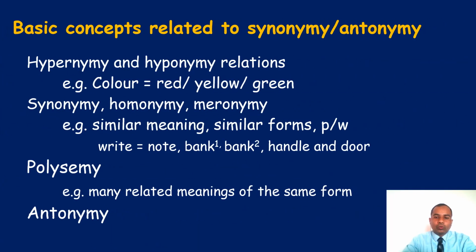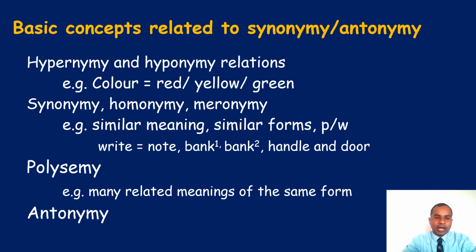So now we have to turn to some basic concepts related to synonymy and antonymy. So we have hypernymy and hyponymy relations. For example, as we have discussed, color is a hypernym. Hyper is something above.